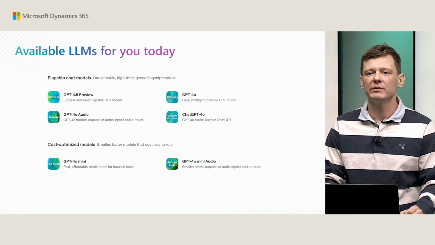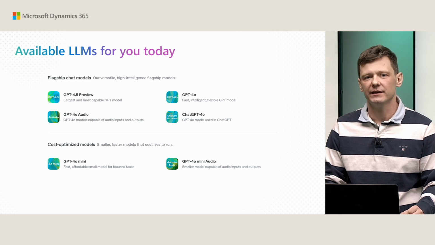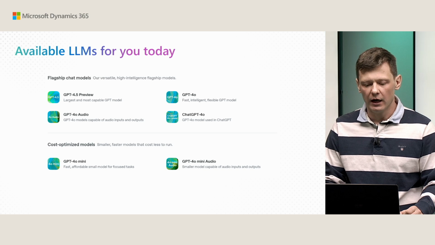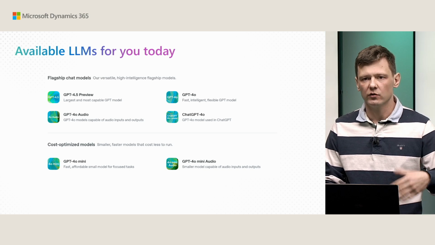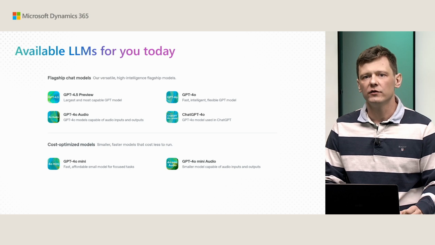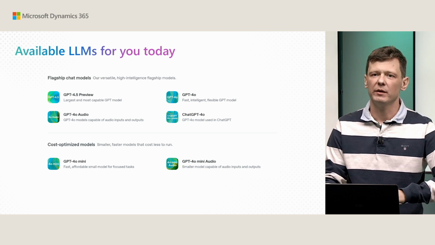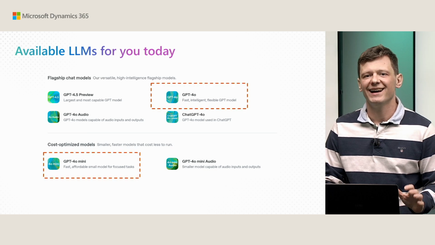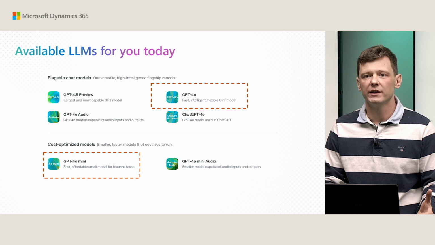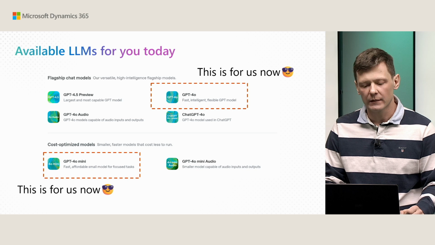Okay, let's become a little bit more concrete. What do we mean by that, and what is available for you as a partner as of today? We talk about this as of the time of this recording, as of this wave, and in the future it'll probably evolve. If you go to the OpenAI website, you have so many models available to you. And as a part of our DevTools today, we give you access to GPT-4o and GPT-4o Mini.